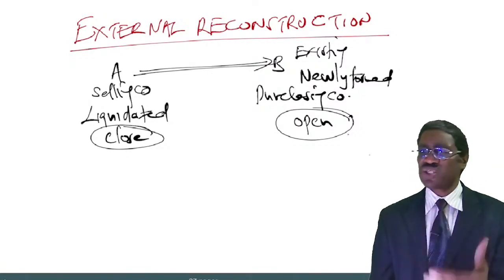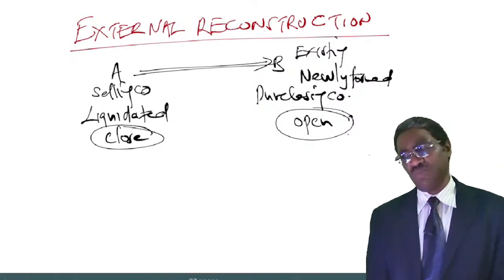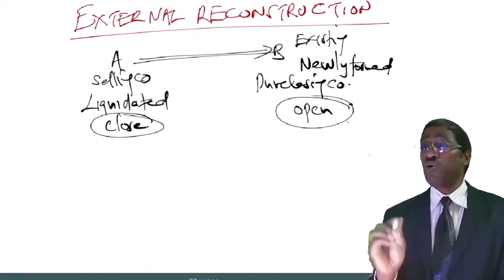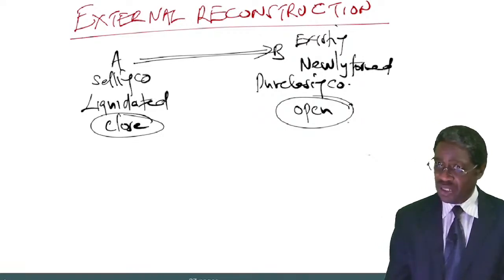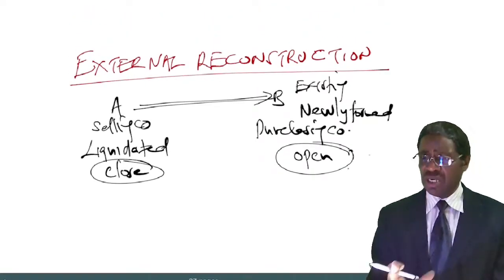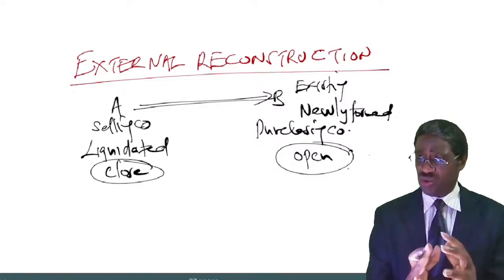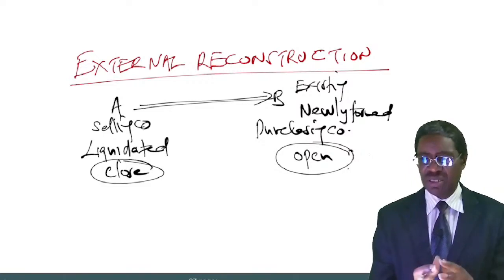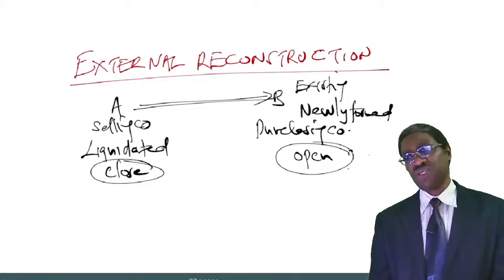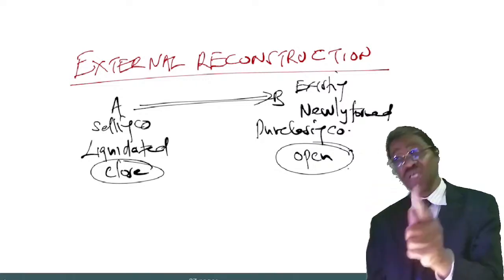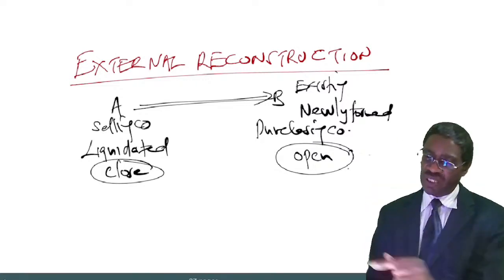So I want to start with the entries in the books of the selling company. And I've said before we start, an external reconstruction occurs where a company is liquidated and they sell their business to another existing company or a newly formed company.